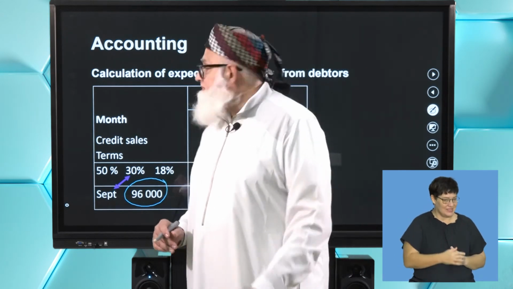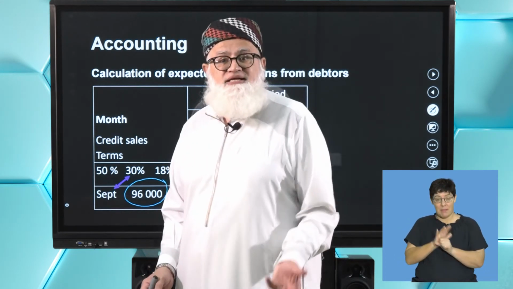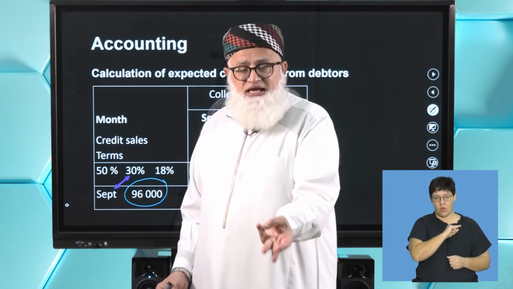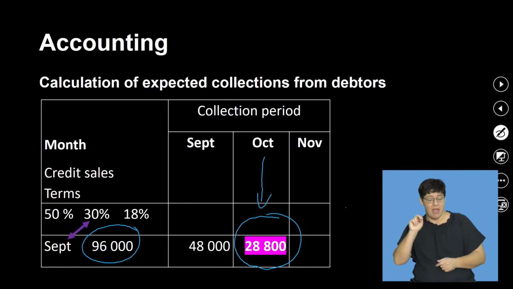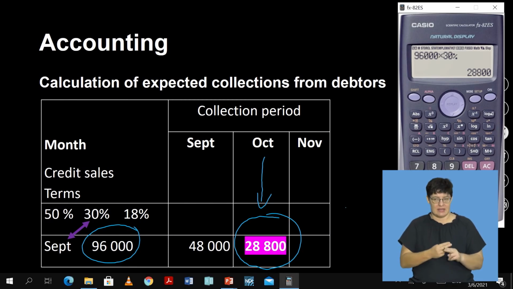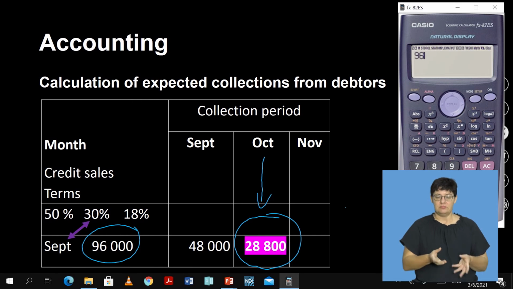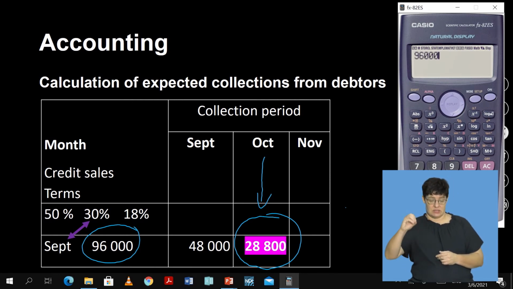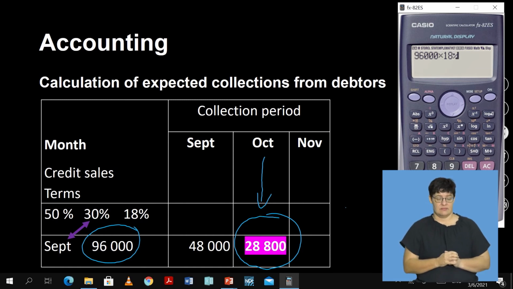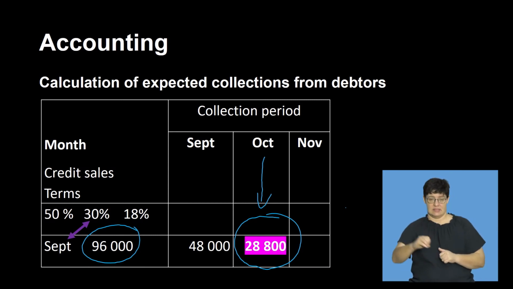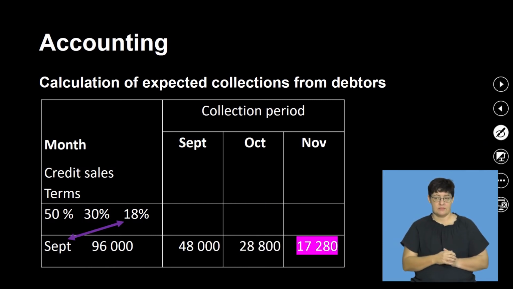Right. Will September impact on November? Certainly it will. Why? September 50, October 30, November 18%. Once again, take my calculator and I say, fine, take my 96,000 times the 18%, and the figure is 17,280. Let's check this out here. Here's my September credit sale of 96,000.